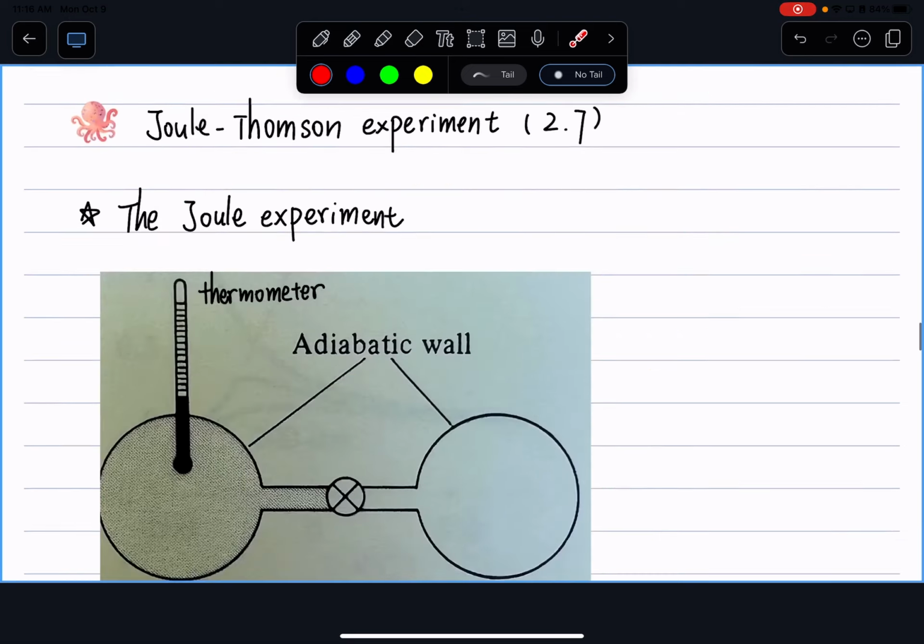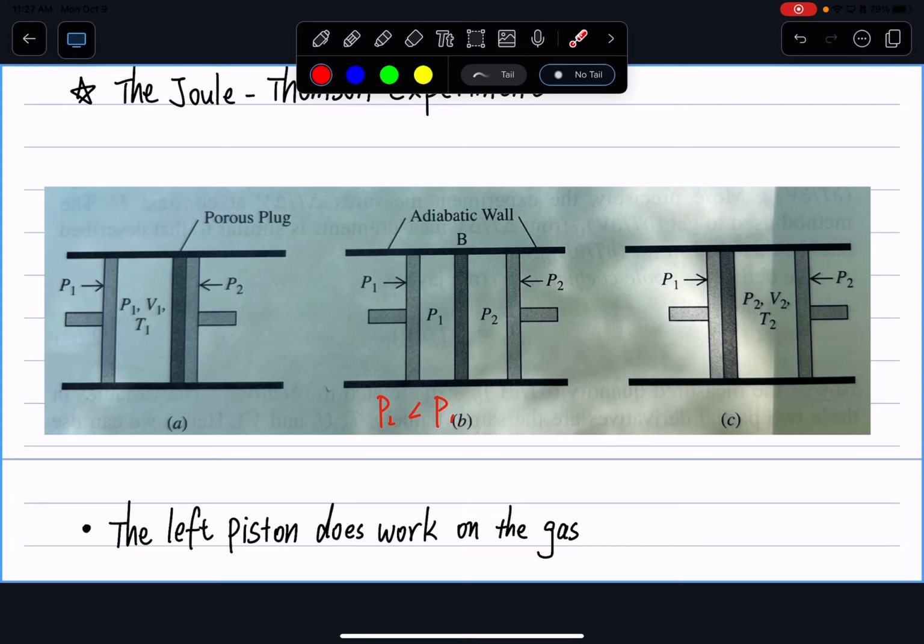So you have two different plugs that can move, and in your initial tank, you have a volume of gas at pressure P1 and temperature T1. Now, because your P1 is larger than P2, that gas will eventually move through this internal block to the other side.